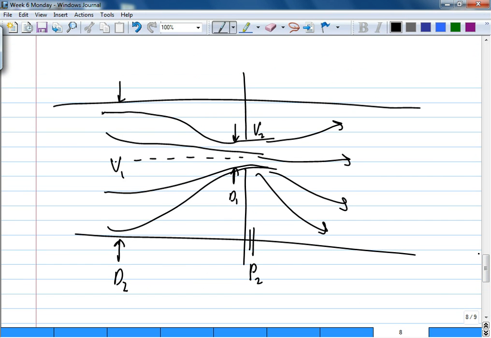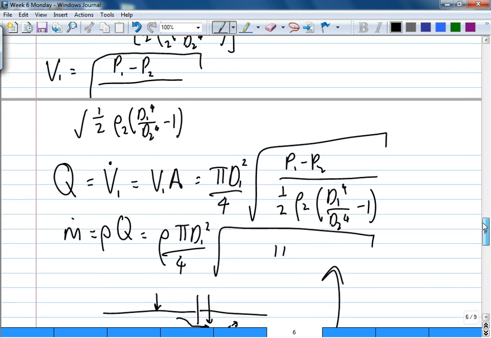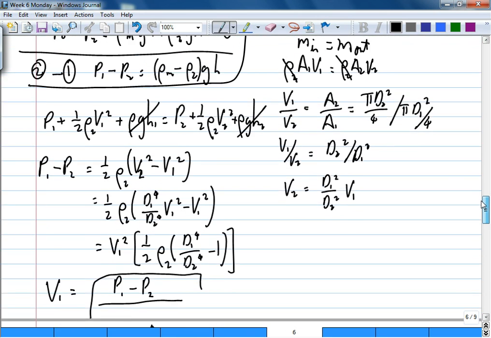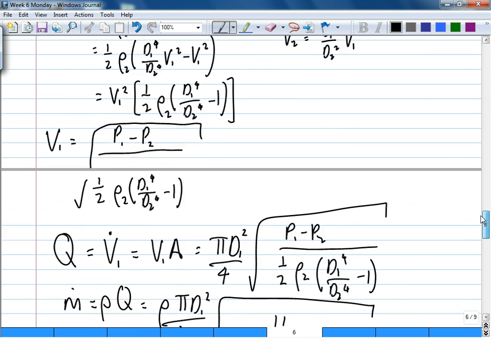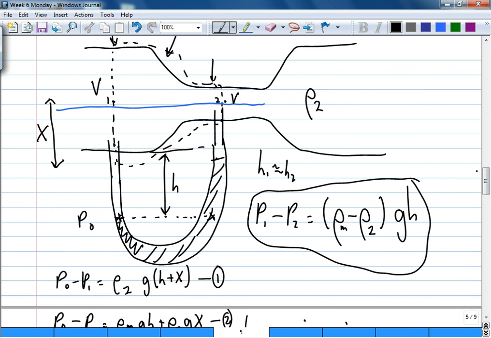Because we are assuming that here there's a pressure drop from P1 to P2. We are assuming that pressure drop comes solely from where? I assume that the pressure drop comes solely from the change in velocity.